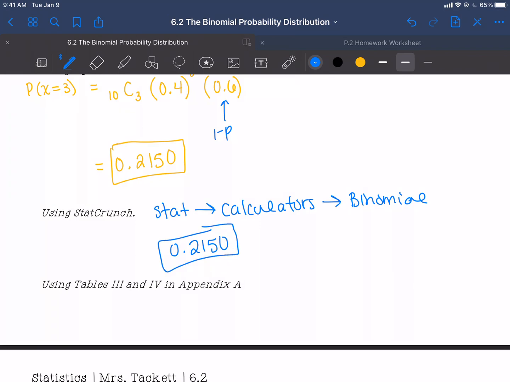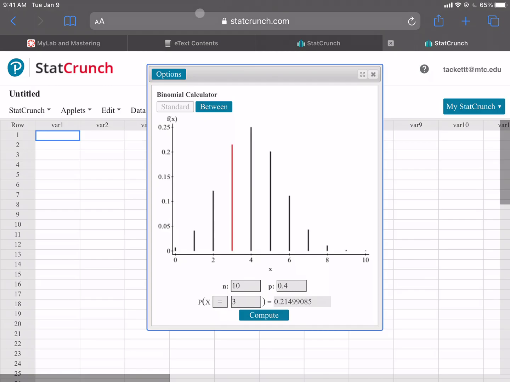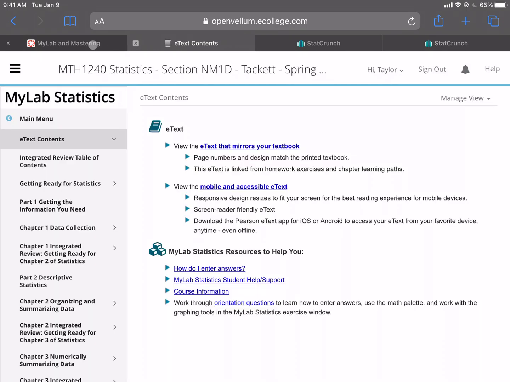And then a third way we can find the probability is using the tables in the appendix of your book. So when you open up MyMathLab, you can click on eText Contents, and then I'm going to view the eText that mirrors your book.